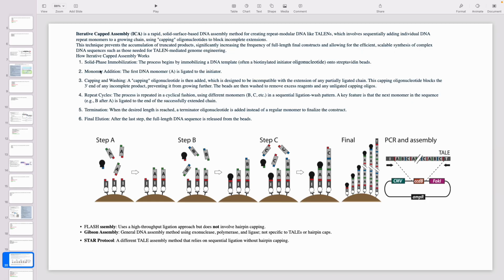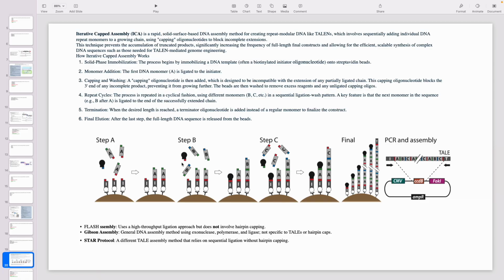So how does iterative capped assembly work? First, solid phase immobilization. This process begins by immobilizing a DNA template, often a biotinylated initiator oligonucleotide, onto streptavidin beads. Then we have the monomer addition step: the first DNA monomer, which is A here, is ligated to the initiator.